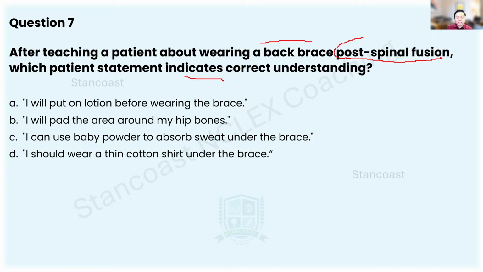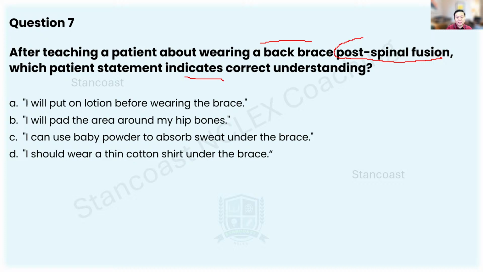The brace should not get into direct contact with the skin. There should be a barrier, and that should be a thin cotton shirt under the brace. This will prevent the constant rubbing against the patient's skin and also the brace itself.